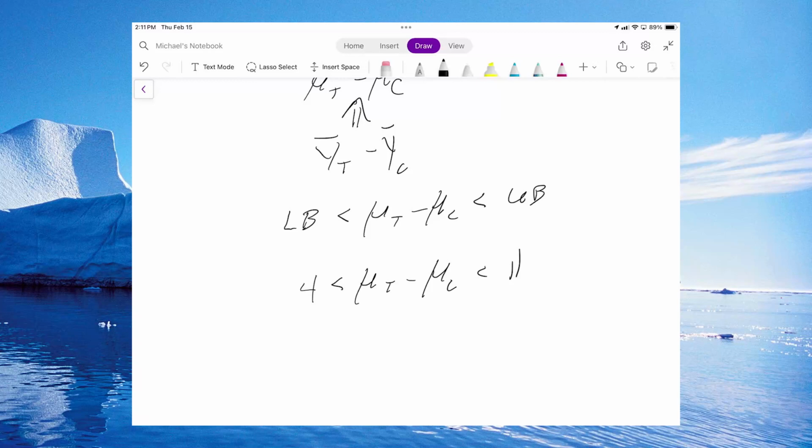The units of measurement could be readings in blood pressure. So whatever it is that our units of measurement are on, this 4 to 11 provides the bounds for the effect size for our treatment, how much we change the mean when we switch from the control to the treatment condition.